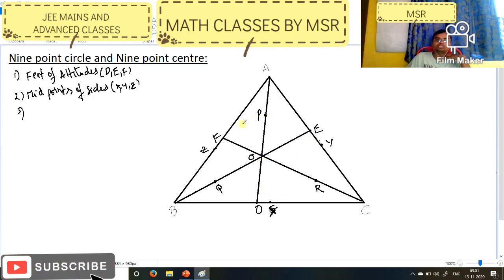So through these 9 points, if any circle passes through, that circle we call a 9-point circle.